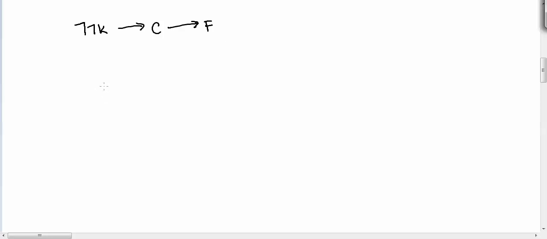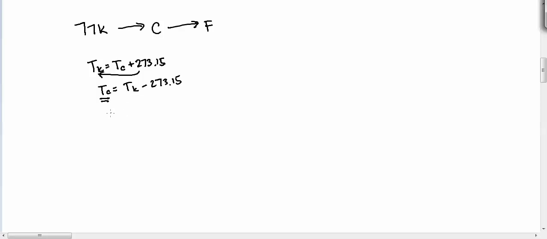All right. So Kelvin's pretty easy to convert to Celsius. I know that TK equals TC plus 273.15. So if I want to figure out what TC is, that's equal to TK minus 273.15. All I did was subtract 273.15 and put it on that side. And then I switched it around because I like having the thing that I solved for come first.